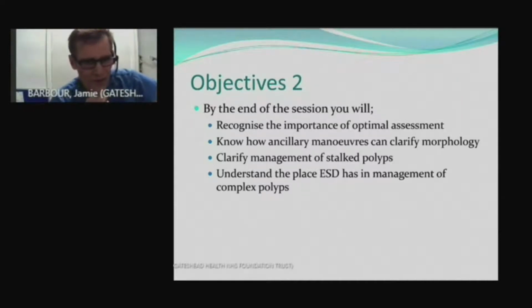Ancillary maneuvers are actually really important, and it's not just about looking at something and giving your best guess, but actually doing things to it to make it much clearer and easier. Stalk polyps seem to be treated fairly differently, and hopefully I'll give you an idea of the way I and the Cardiff team treat these types of things. And then lastly, to understand the place of ESD in the management of complex polyps.